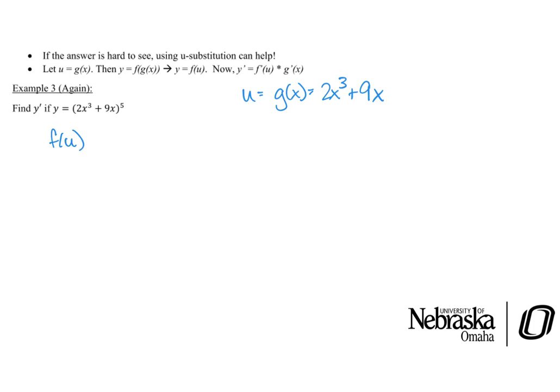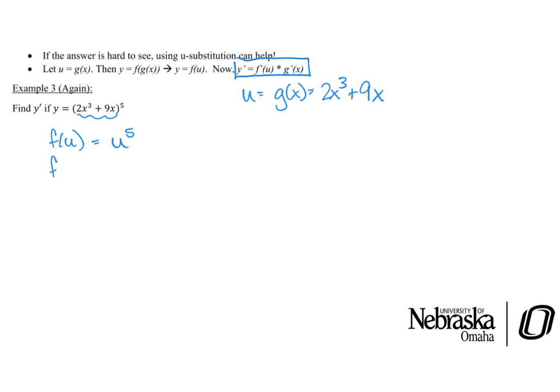Okay, so then f of u, instead of f of x equals, we'll say f of u is equal to u to the fifth, right? All of this is u. Now, looking at our rule from the other side, it's also written here. y prime would be equal to f prime of u, the derivative of f of u, times the derivative of g of x.